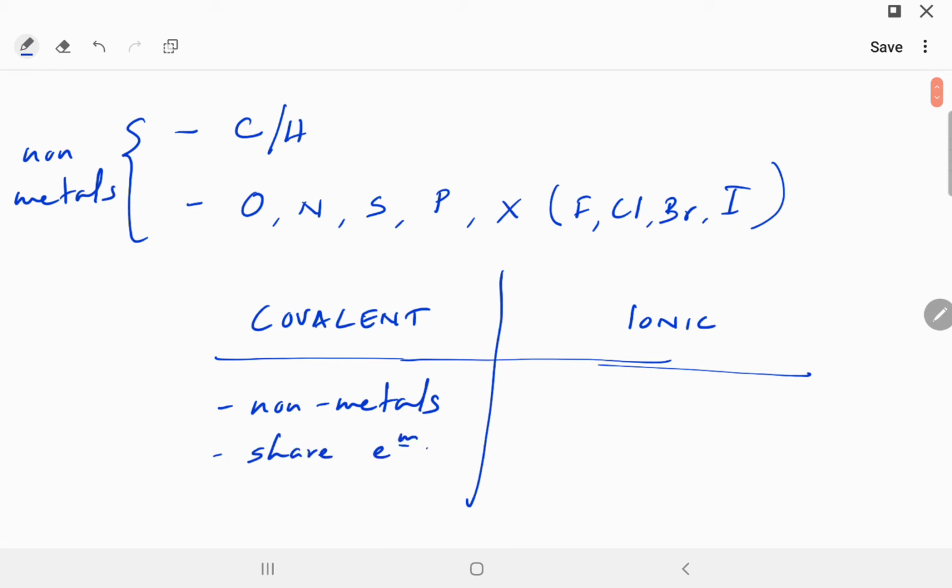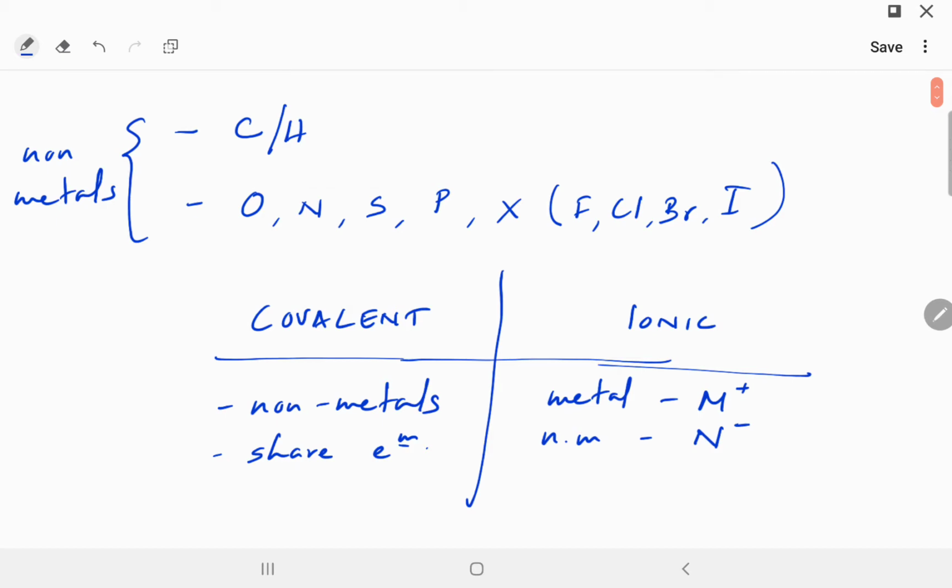And in ionic compounds, you have a metal cation and a non-metal anion. So basically, you have a metal cation which is formed by losing electrons from a metal atom, and then you have a non-metal anion which is formed by gaining electrons by a non-metal atom, right?